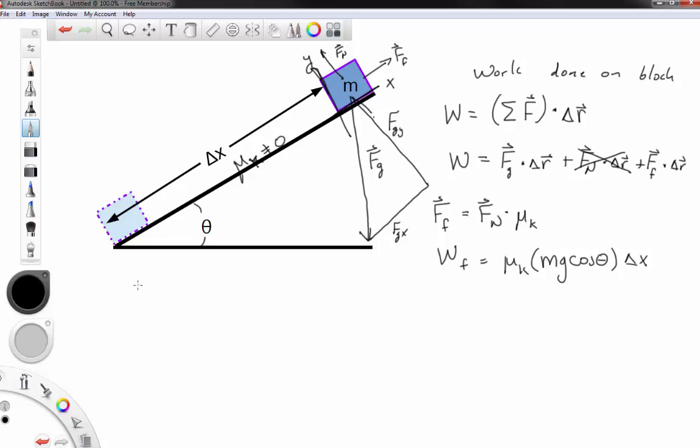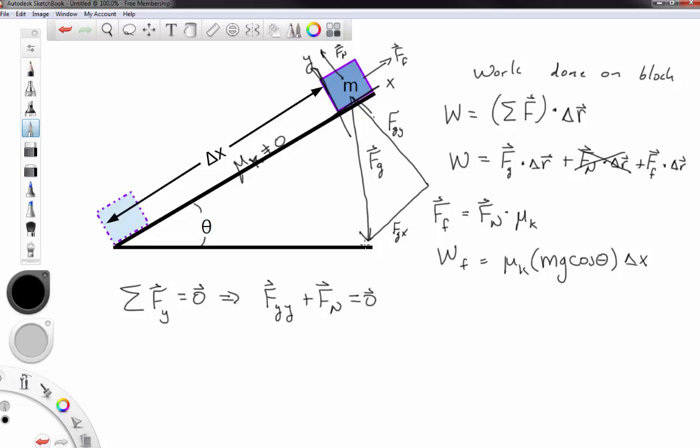In the y direction, the sum of all forces should be 0. So that implies that the gravitational force component, Fgy, and the normal force, Fn, need to balance to 0.